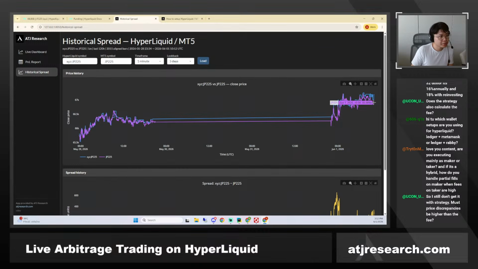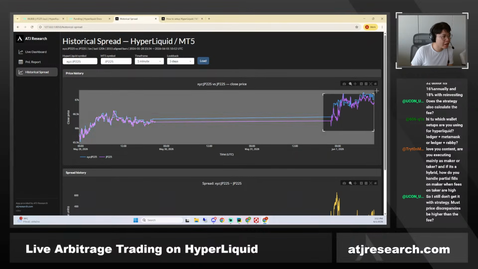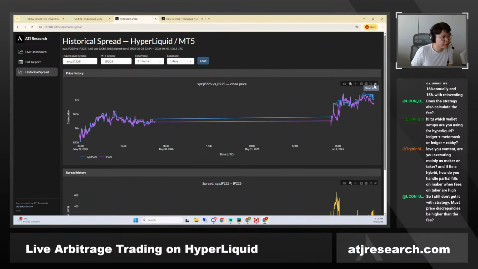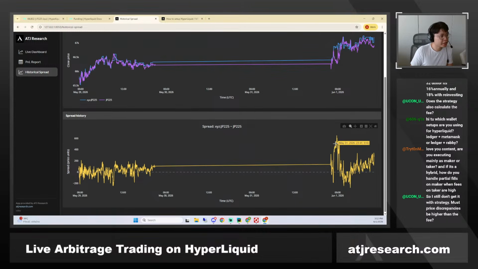Yeah, I think some data is missing. I think it's because I didn't add the time zone specification, so we're missing like 5 hours. But here you can see that the price discrepancy is super high, right? Here we would have made a really nice profit, then it came back to zero. Now it was high again in the morning, and now it's back at zero. So yeah, the opportunities are really good here.